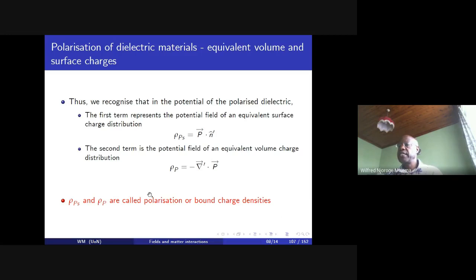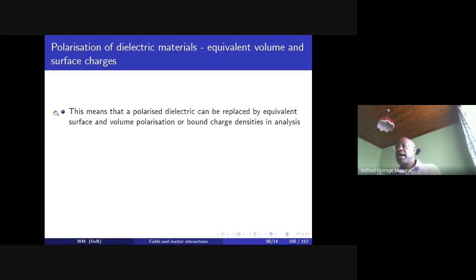They are not free charges. The dielectric doesn't have any free charge, but these are charges that appear due to the induced dipole moments in the material. Therefore, the polarized dielectric can be replaced, in any field problem we are attacking, with equivalent surface and volume polarization or bound charge densities.